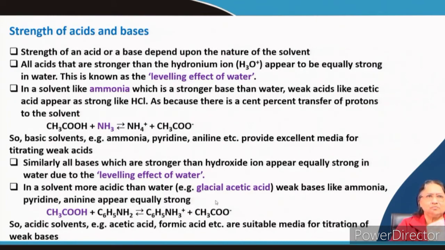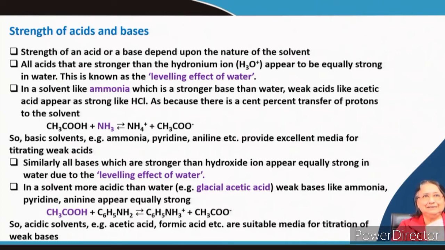So, acidic solvents like acetic acid, formic acid etc., are suitable media, this is the application part. I will tell you later how the titration between different types of acids and bases can be done, and what indicator should be used.